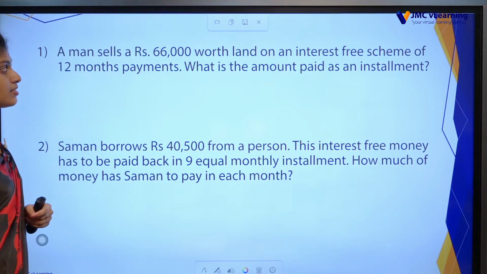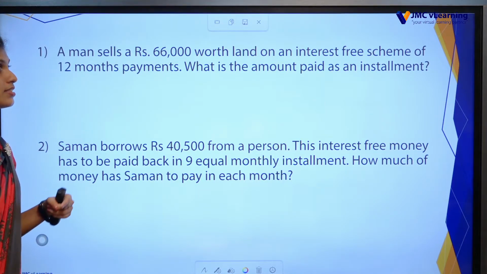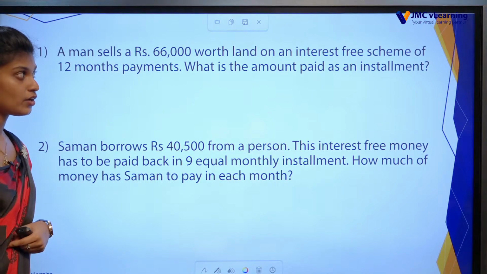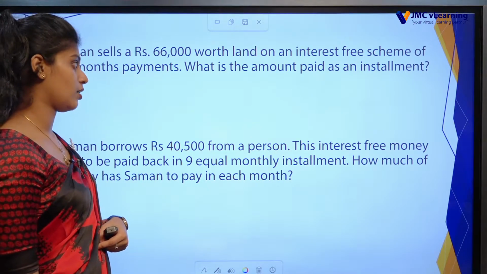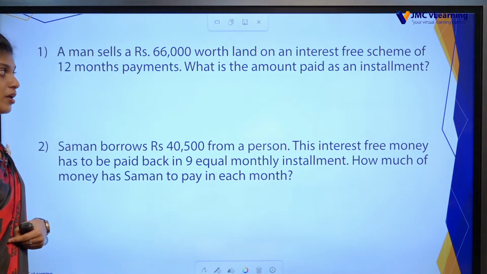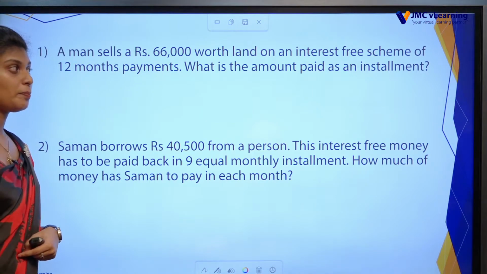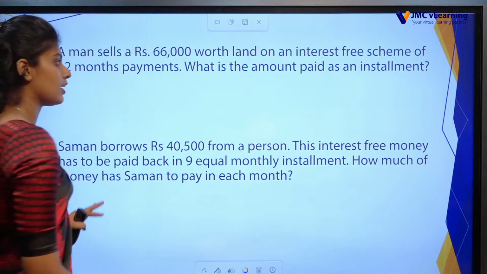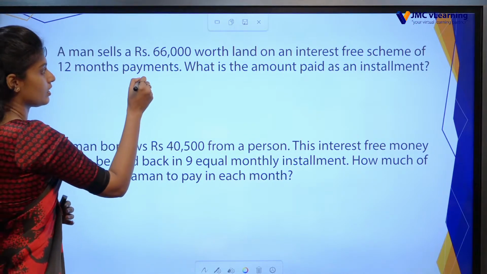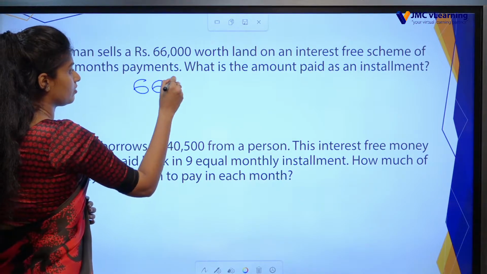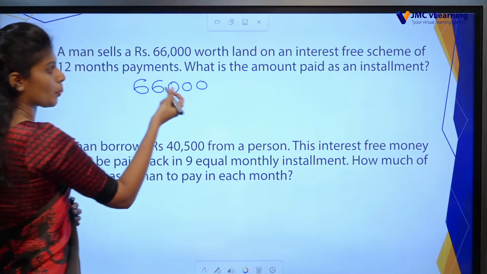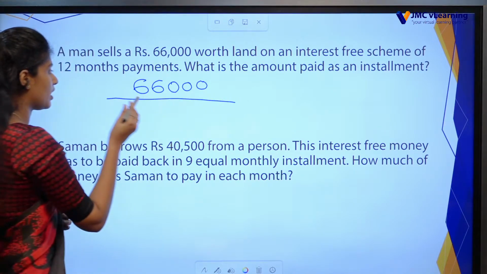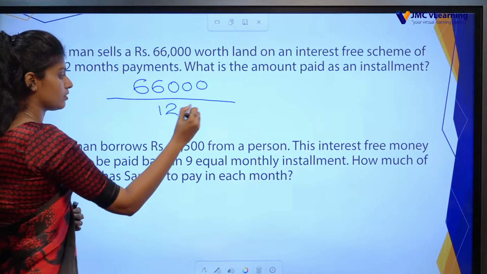A man sells a 66,000 worth land on an interest-free scheme of 12 months payment. What is the amount paid as an installment? Here there is no interest, that means he has to pay in 12 months, have to divide by 12.